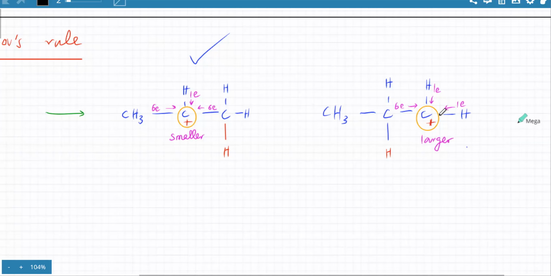The other one is now short of electrons. But if the positive charge is very large, it won't let the hydrogen atom take those electrons, because the positive charge would be so large that it would pull those electrons back, so that H would not be able to take those electrons in the first place.